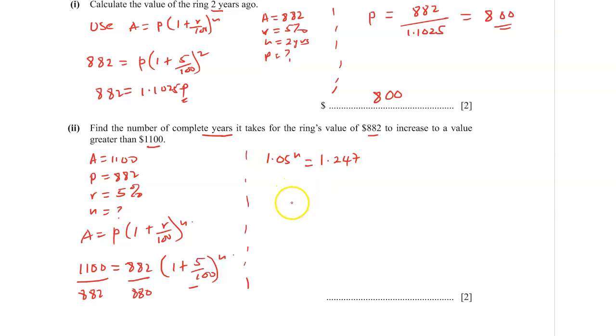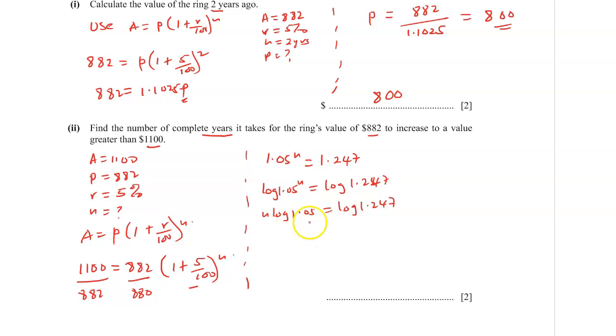Therefore, you can take logarithms on both sides. Write the logarithm: log of 1.05 to the N is equal to log 1.247. Therefore, this will be N log 1.05 is equal to log 1.247.